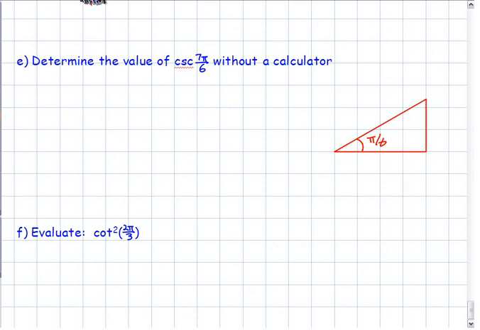It wouldn't hurt to put in a quick drawing here to get your bearings. 7 pi over 6 is over here somewhere, and we have this angle over here. Quadrant 3, 7 pi over 6, right? That's pi over 6. So we need to know, first of all, quadrant 3.